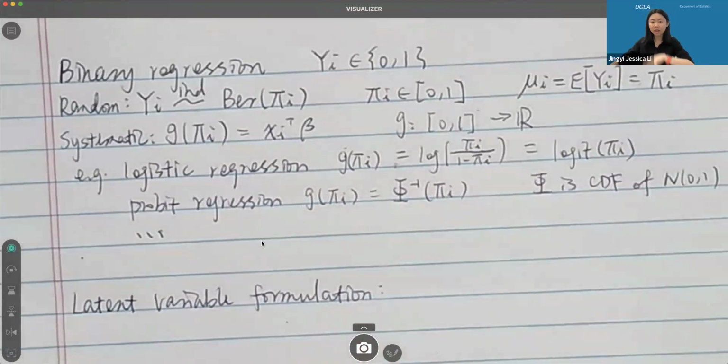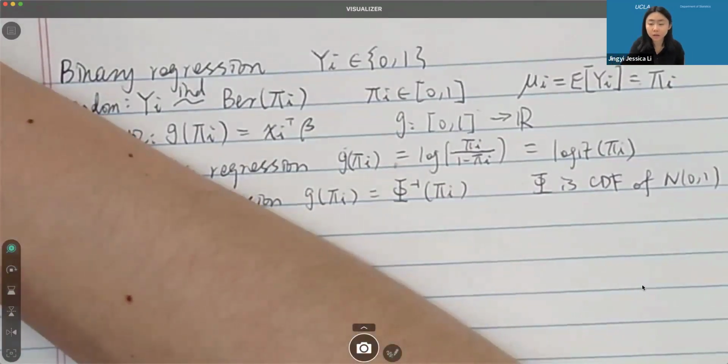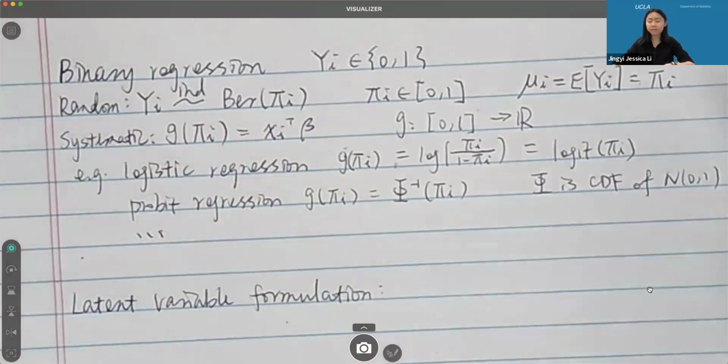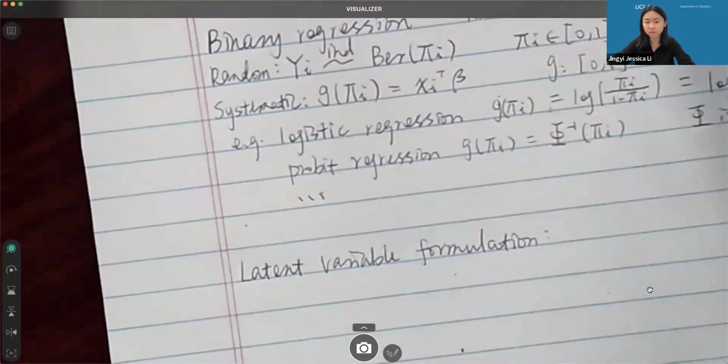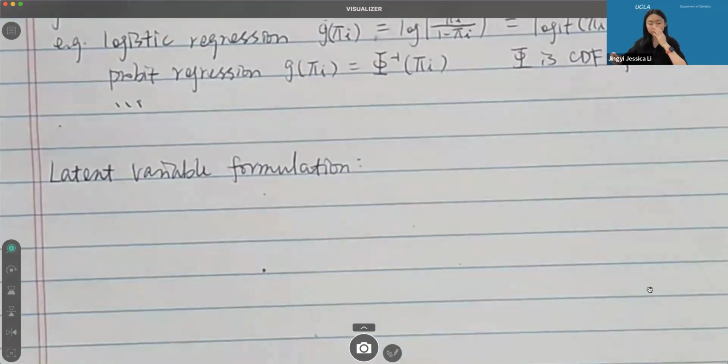I want to say that this kind of thinking is something very general in statistical modeling. Sometimes we will introduce a latent variable to help us understand the structure of our data.